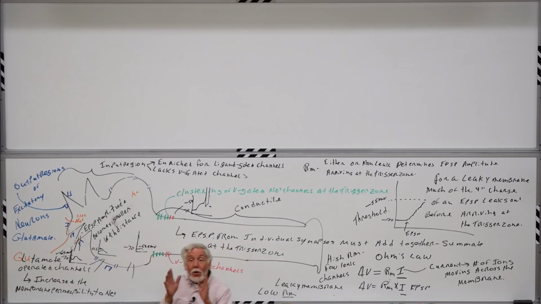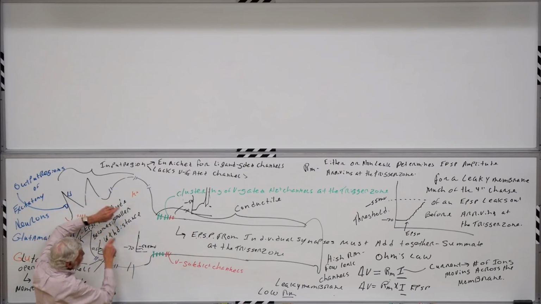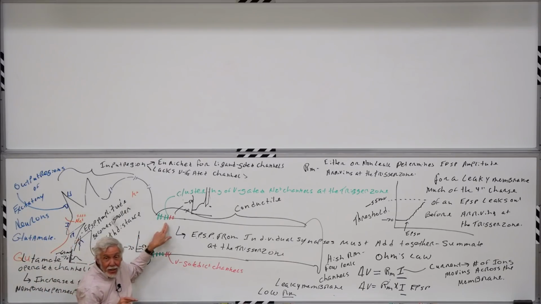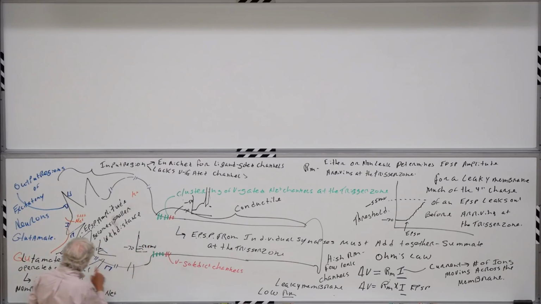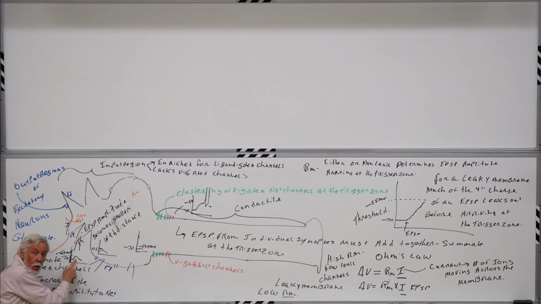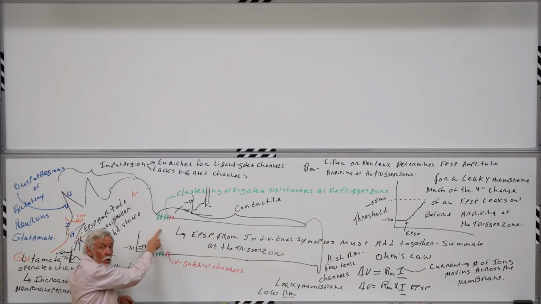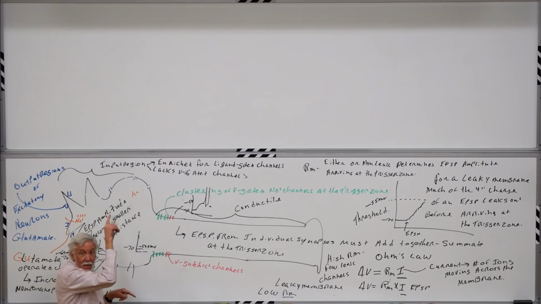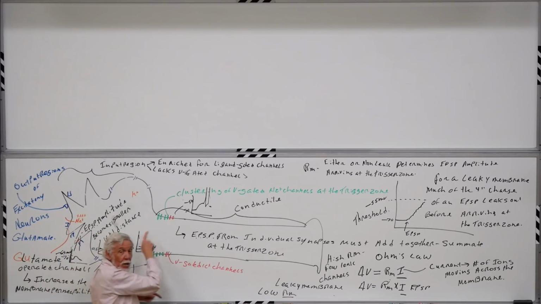Whether or not it's a leaky membrane determines the fidelity of the depolarization reaching this site. The tighter the membrane, the greater the fidelity of the depolarization, the amplitude of the depolarization reaching the site, because less of the amplitude has leaked out across the membrane. And the leakier the membrane, the less fidelity, and it is decayed more, so you get less positive charge.